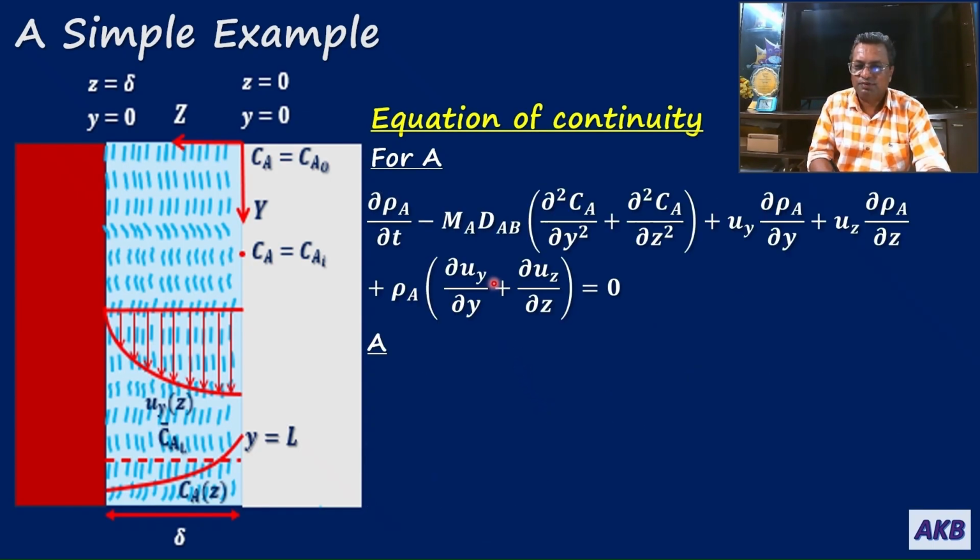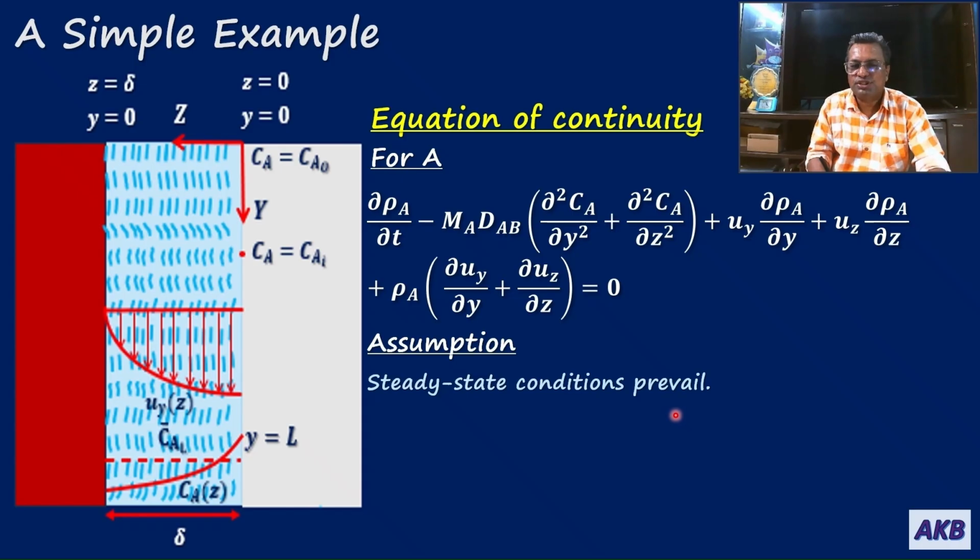So previously we got this equation. Now let us see what is the effect of the third assumption. The third assumption is that steady state conditions prevail. The meaning of this is that derivatives with respect to time will be 0. In this equation we just have one such term, and that will be 0.